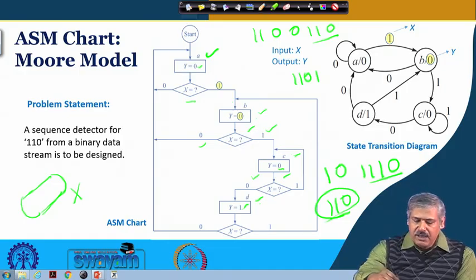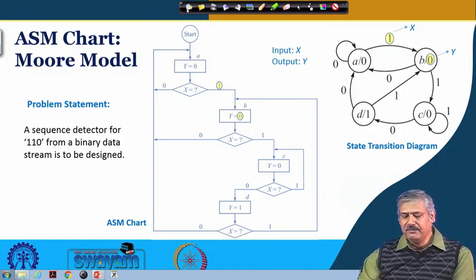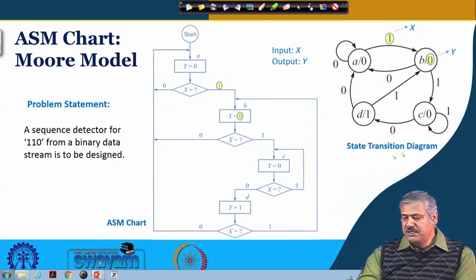Now, if we compare, this was the state transition diagram model for this particular problem that we discussed in the earlier classes. This is x, the input that you see here.